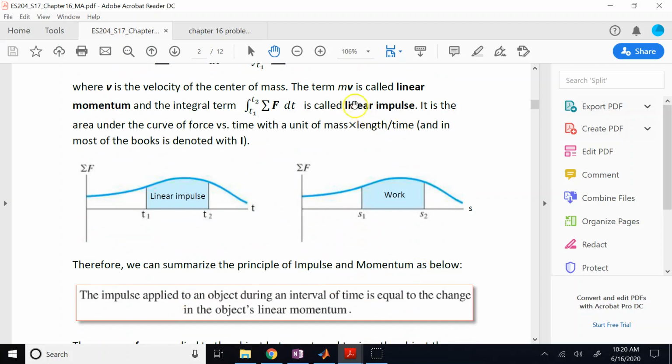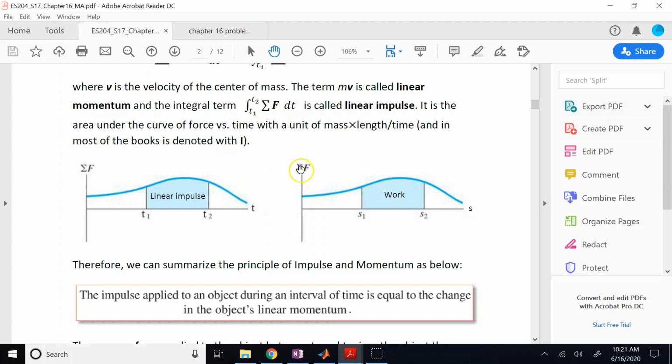And the linear momentum is what we know from the past. The new quantity is this guy, the integral of force versus time, which we call linear impulse. The unit for that is Newton seconds. We had something very similar to this, which was the integral of force versus displacement, integral of F dr, and we call that work.